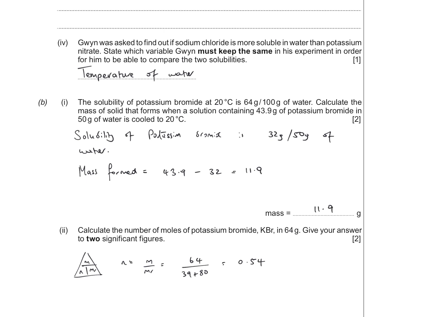So first thing, if it's 64 grams per 100 grams of water, well, that means that 32 grams will fit in 50 grams of water. Half the water, half the amount. So that means there isn't space for all of our salt because I've got more than 32. So we're going to do 43.9, take away 32 to give 11.9.